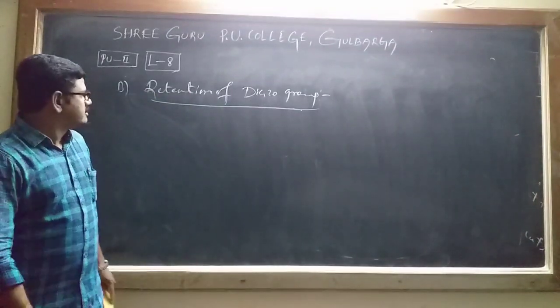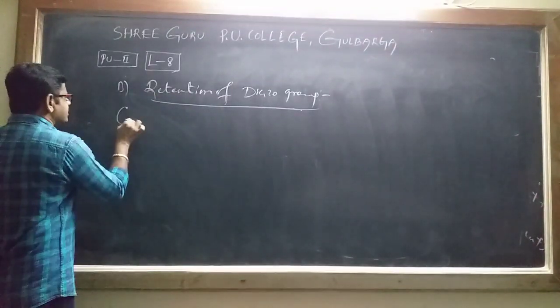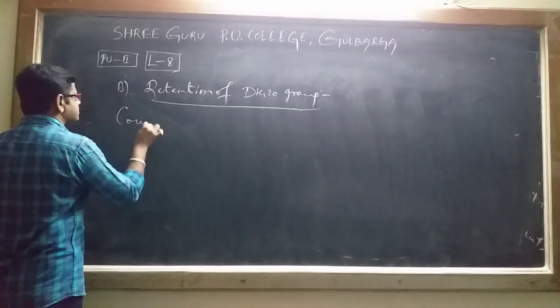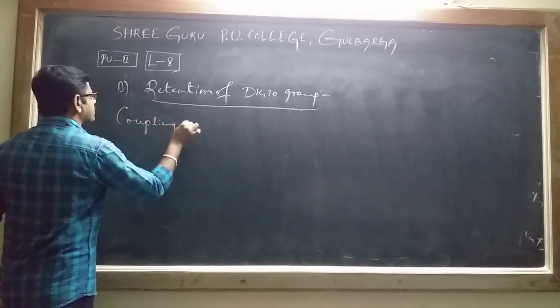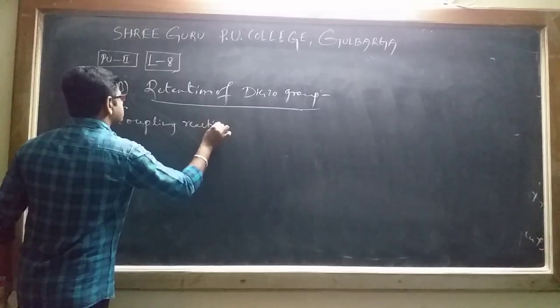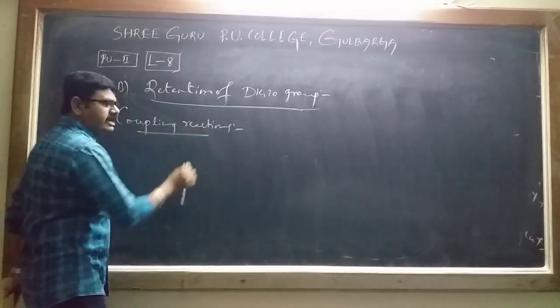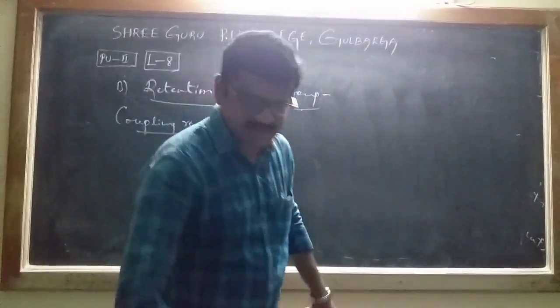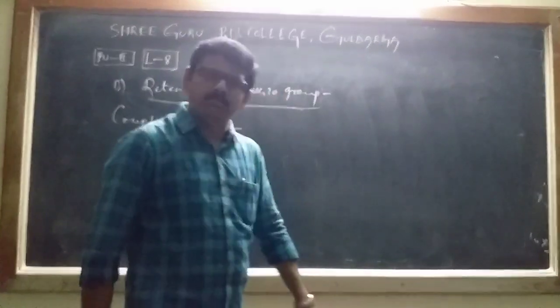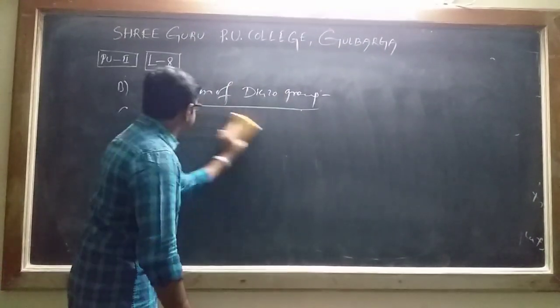Right. This retention of diazo group is called coupling reactions. We have a total of 2 types of coupling reactions. We will discuss both reactions like this.